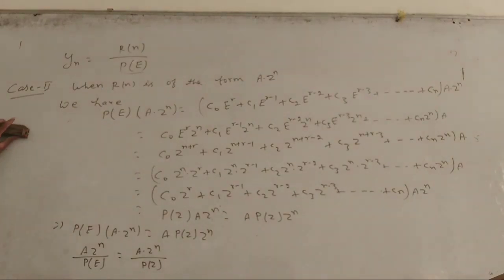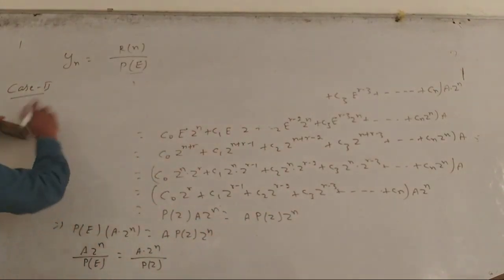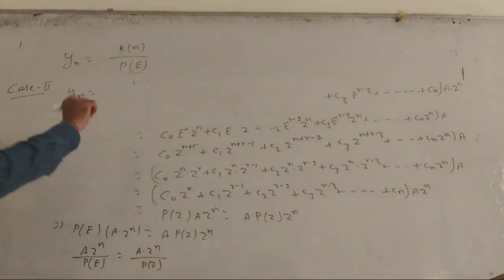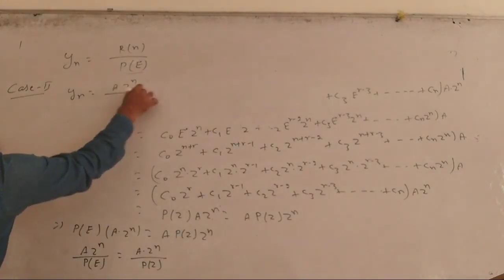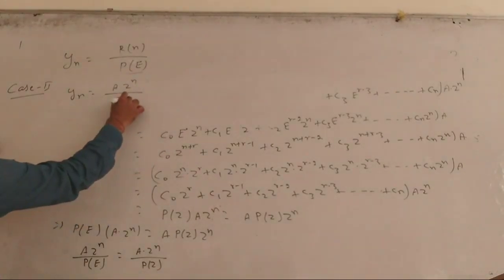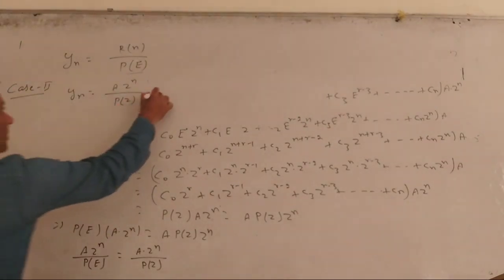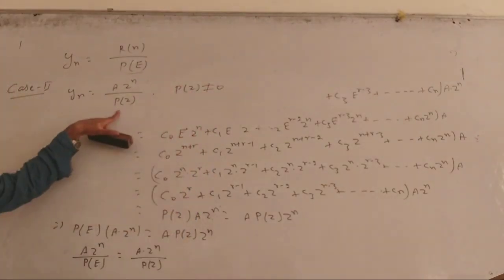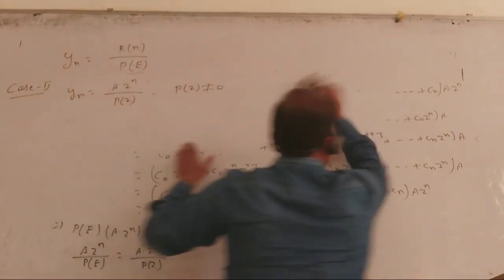That is, yn becomes A into Z^n upon P of Z, and it is understood that P(Z) should not be equal to 0, because when P(Z) equals 0 then it is not defined. Now if P(Z) equals 0, then what will be the condition we have to see?